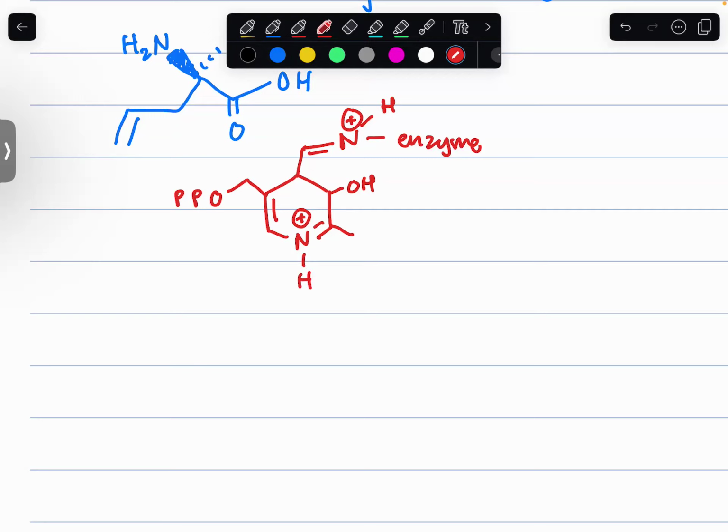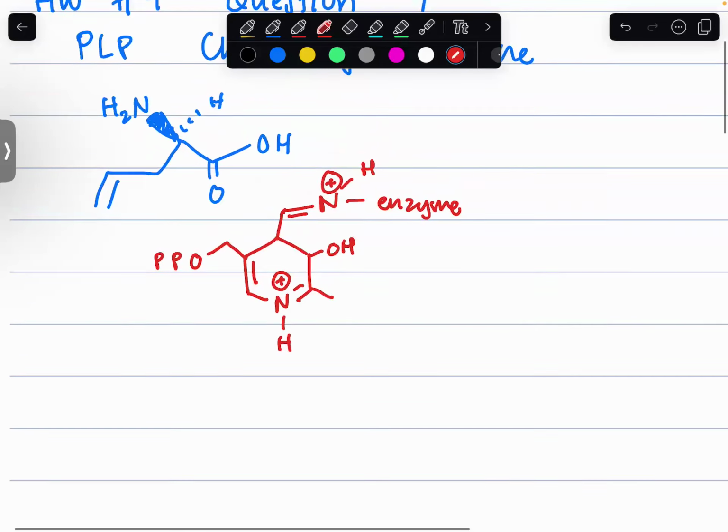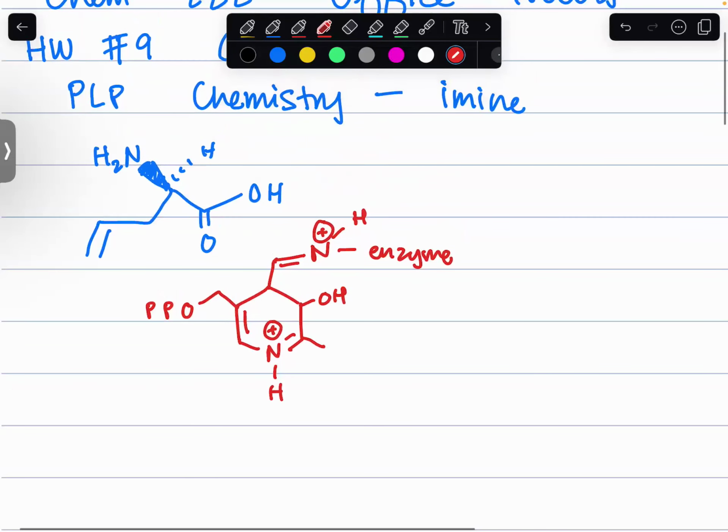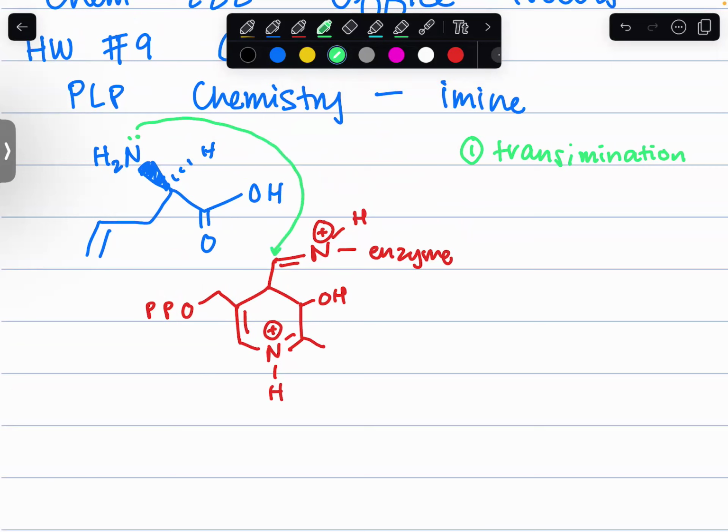The first stage is a transamination, which is one of the 12 reactions that we covered. This means that we are going to take the lone pair that's on this nitrogen. It's going to attack all the way over here, like this.